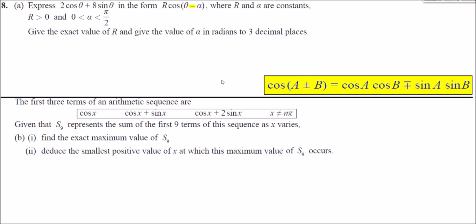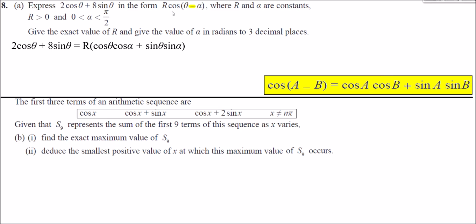What we're going to have is just cos of A minus B is cos A cos B, and then plus sine A sine B. In our case, though, we're not talking about A and B, we're talking about theta and alpha. So if we just rewrite this with theta in place of A and alpha in place of B, we have this. 2 cos theta plus 8 sine theta we're going to set equal to R, and then all of this here, because cos of this we can rewrite as so.